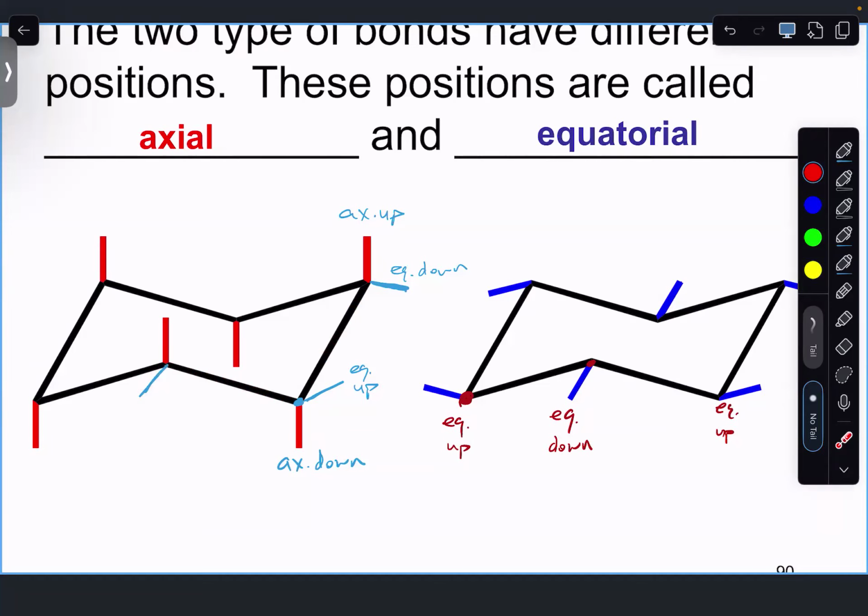Again, I could come in and draw that equatorial position parallel to that CC. So hopefully that gives you a little bit of assistance in drawing in your equatorials. They tend to be a little bit trickier to handle, to get them to look right.